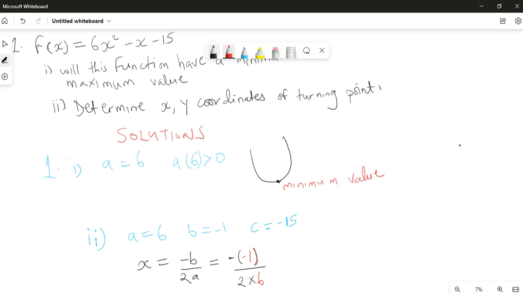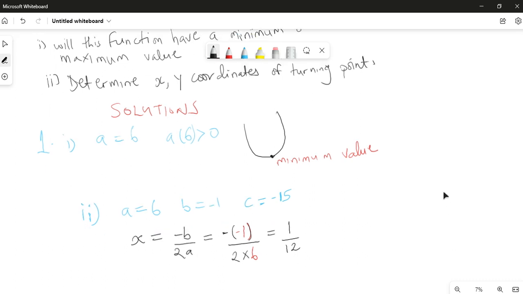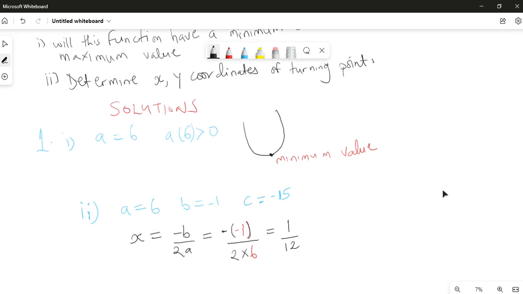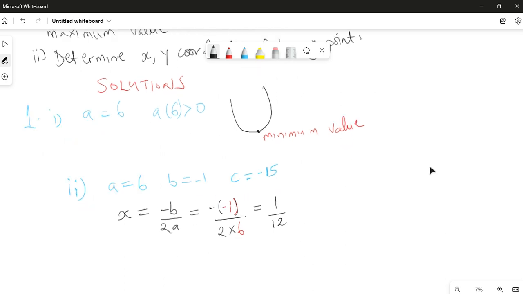Negative and negative make positive, so we have positive 1 over 12. That is our x coordinate. If we want, we can convert it into a decimal. If we want, we can leave it as a fraction. It doesn't really matter.